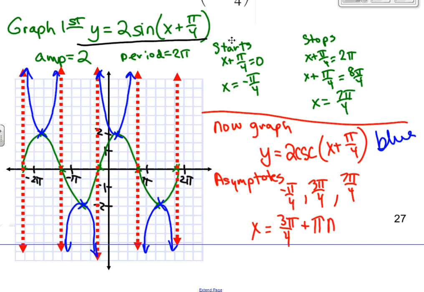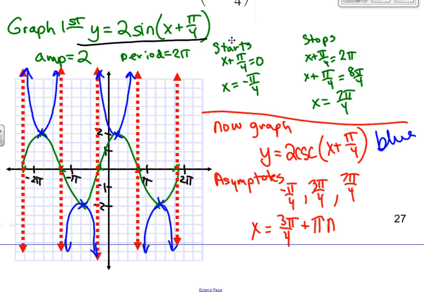And that's what it looks like. For this one, if we consider the sine function, the amplitude is 2, the period was still 2 pi, so it didn't change, and it had a horizontal shift of pi over 4 to the left.